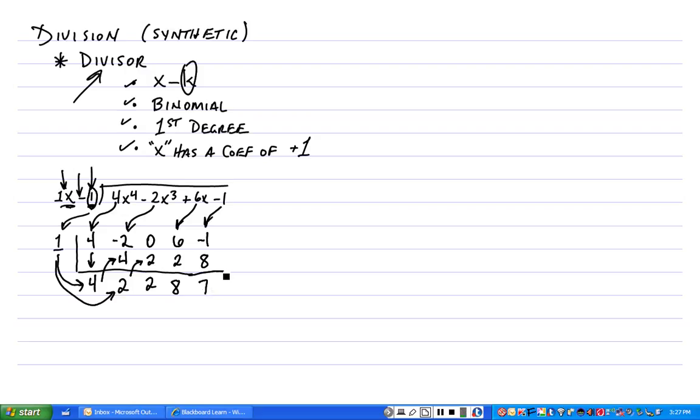Alright, so I have all of my places filled in, right? Every column is filled in with an answer. Now here's the other part. When you have your final answer, which this down here is your answer, this line down here, you read from right to left now. Okay, you don't read from left to right anymore, you read from right to left. This first column represents your remainder.